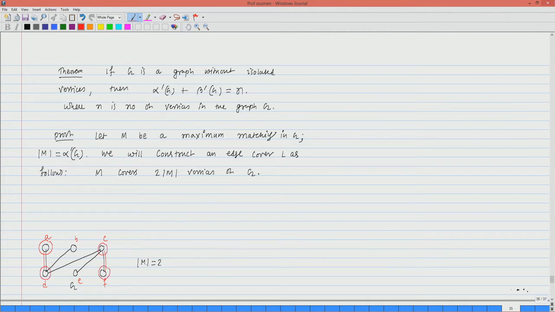This is true because a matching is a collection of disjoint edges. So, it will cover 2m vertices of the graph G.